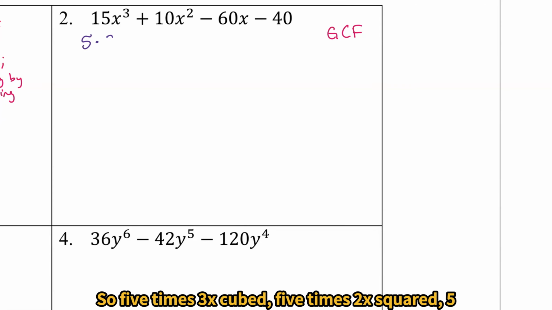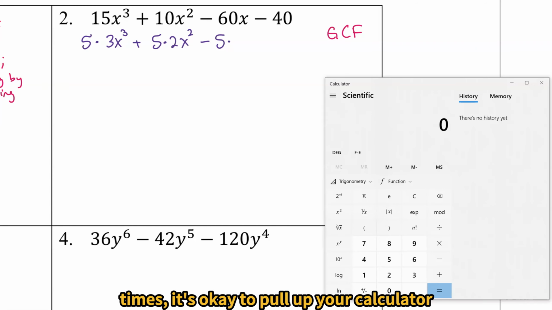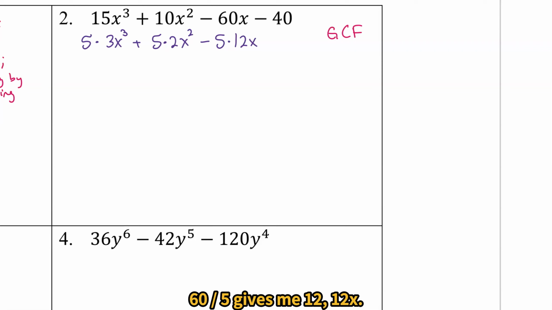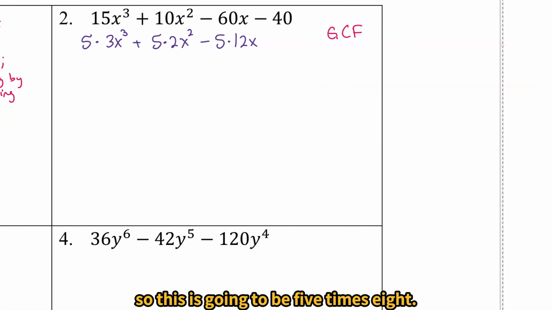So 5 times 3x cubed, 5 times 2x squared, 5 times, it's okay to pull up your calculator with these numbers. 60 divided by 5 gives me 12, 12x. 8 times 5 is 40, so this is going to be 5 times 8.